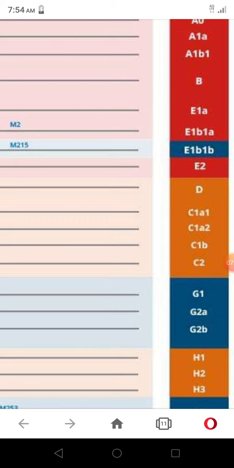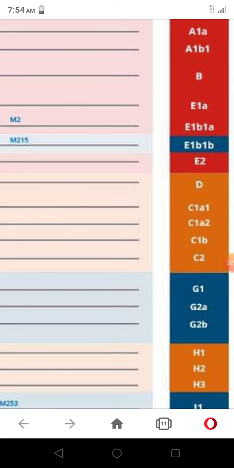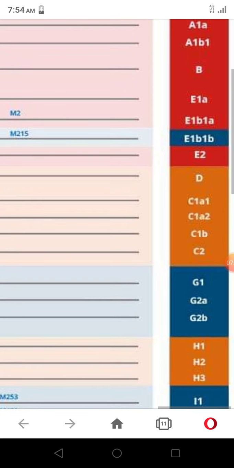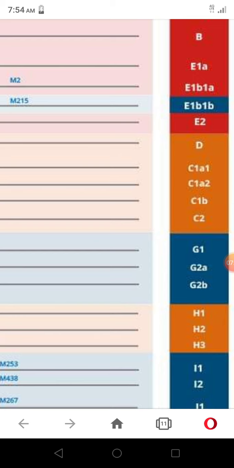The Shemitic Ishmaelites will be your E1A. So these will be your Moors. That would be the representation of your Moors, your Fulani, some of your Hausa grouping of people. So that would be your Shemitic Ishmaelites.